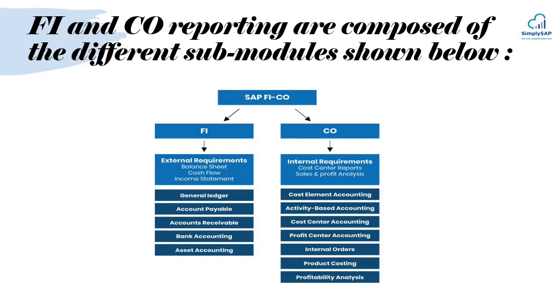Transactions in accounts payable include invoice posting, credit memo posting, down payments, invoice payments, the automatic payment program, which is an important process that we call the APP run, and executing vendor reports. I hope I have made this clear about accounts payable.